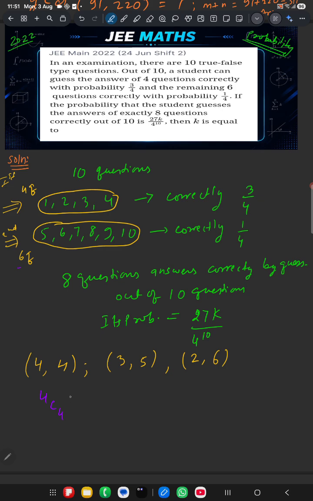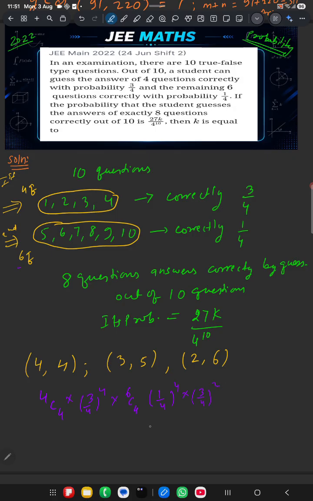So what happens in that case? All the 4 correct ones, 3 upon 4 power 4, and the remaining 4 questions from the second group out of 6, 6C4, and the probability of correct is 1 upon 4. So 4 questions correct and the remaining 2 are wrong, so that will be 3 by 4 power 2.